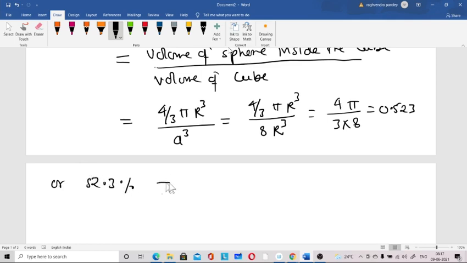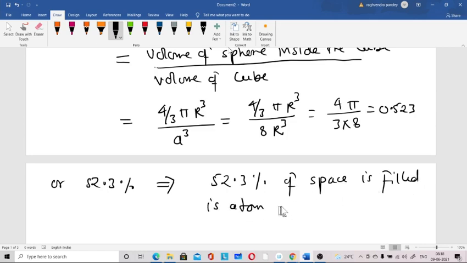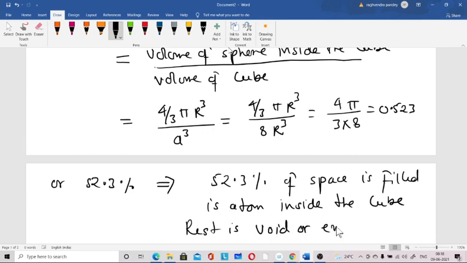52.3% means what it indicates is that 52.3% of space is filled with atoms inside the cube. Okay. Rest is void space, or empty space.